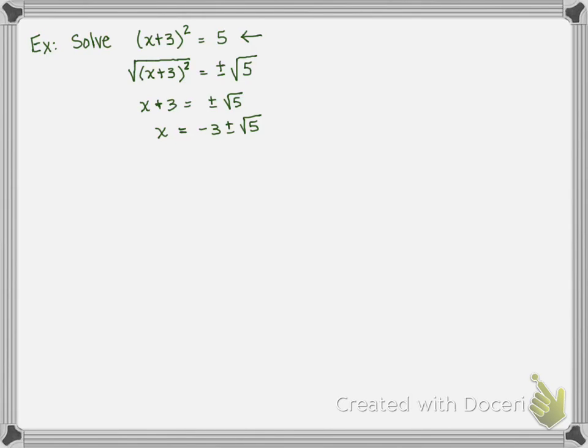And so we need a process for writing equations like this if we want to use that square root property. And what we're going to do is called completing the square. So we're going to do an example first and then we'll generalize.